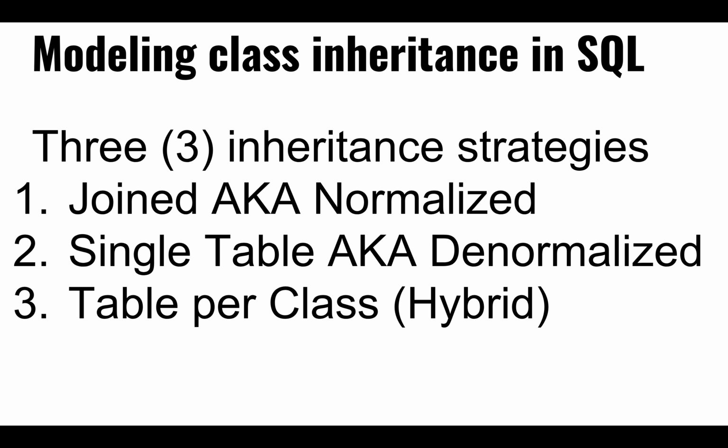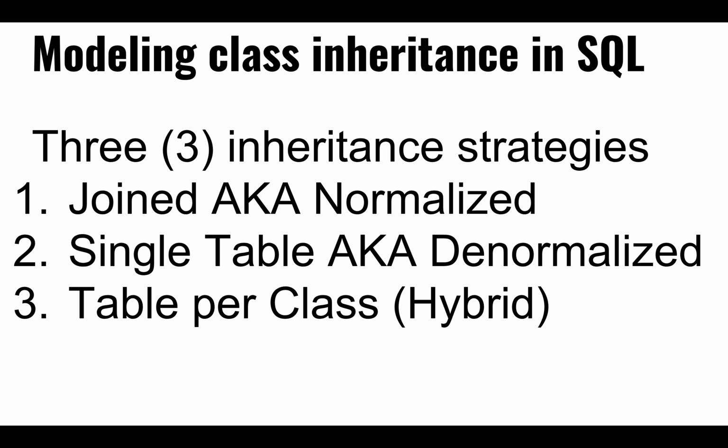The 3 strategies are roughly referred to as the joined strategy, also known as normalized, right? The single table strategy, also named as a denormalized strategy, and then there's the other one, the table per class, a hybrid of the two, right? So these two have pros and cons.